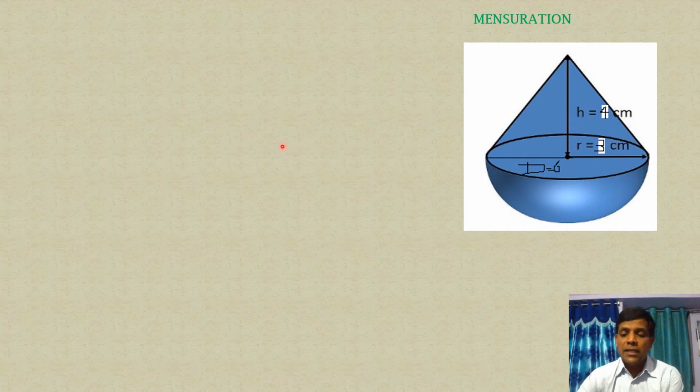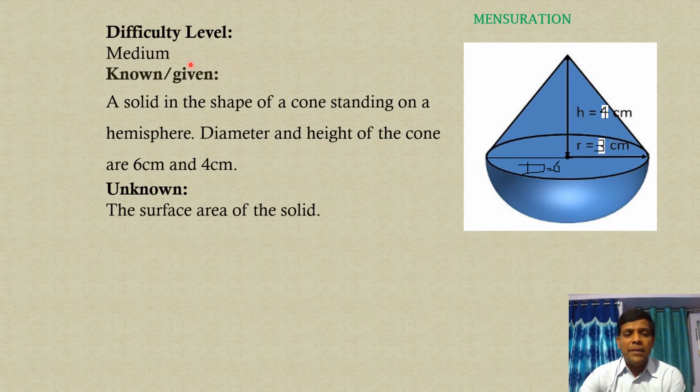So write down the analysis. Based on the question, the difficulty level, easy or average or difficult, is medium level. Known by given. What is the given data? A solid in the shape of a cone standing on a hemisphere.